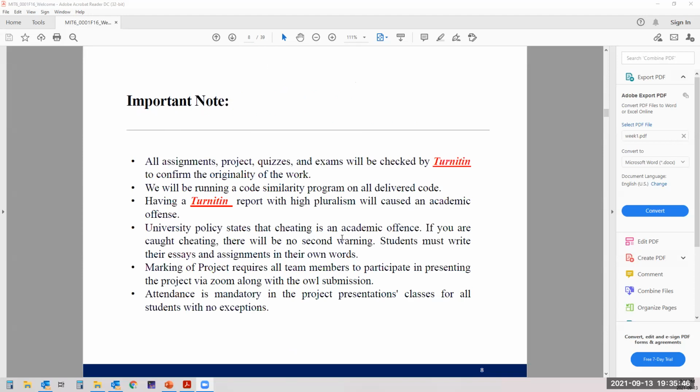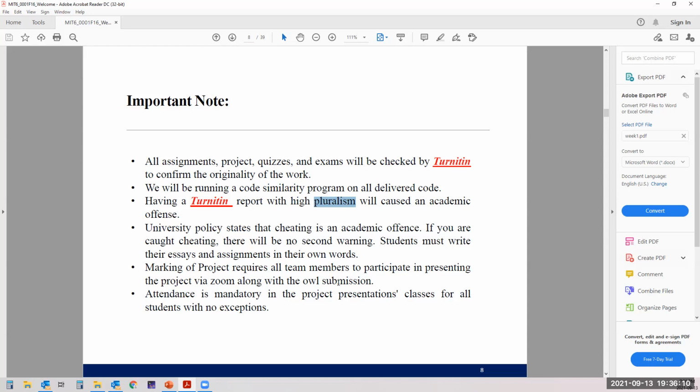So this thing we discussed before with the course outline. We were here. This is plagiarism, so I will correct this and re-upload the handout. Each assignment or essay should be in your own words and should be your original work. Marking of a project requires all team members to participate in presenting the project via Zoom.